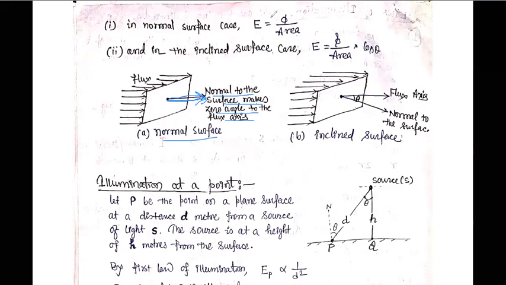E is equals to phi divided by area. ठीक है. phi by A under normal condition.